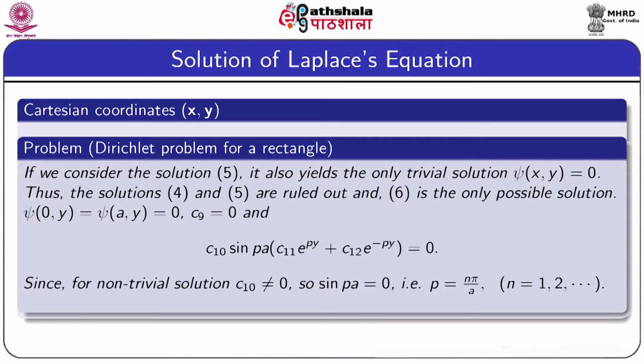So the only option that remains is sin(pa) equals 0, which is sin(n pi), where n is an integer. From this we get the values of p as n pi by a, where n takes the values 1, 2, 3, 4, and so on. For all values of n, this is a solution of the Laplace equation.